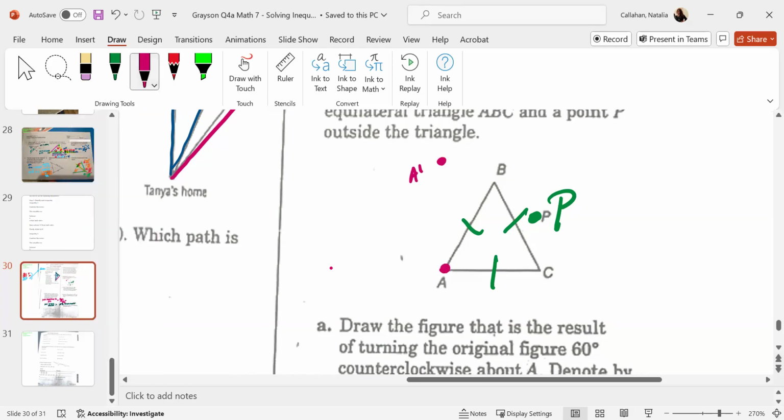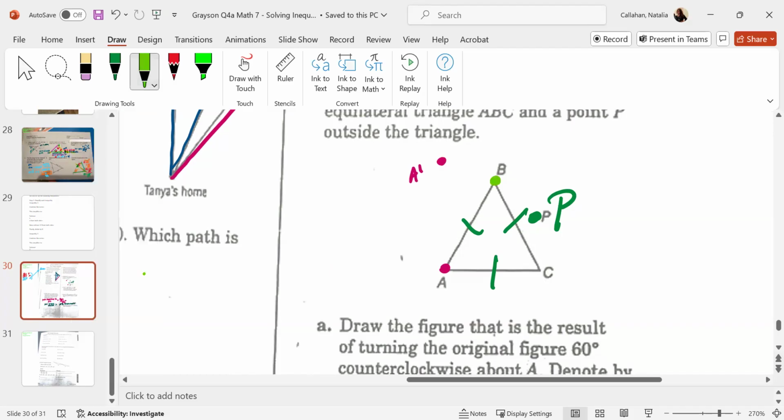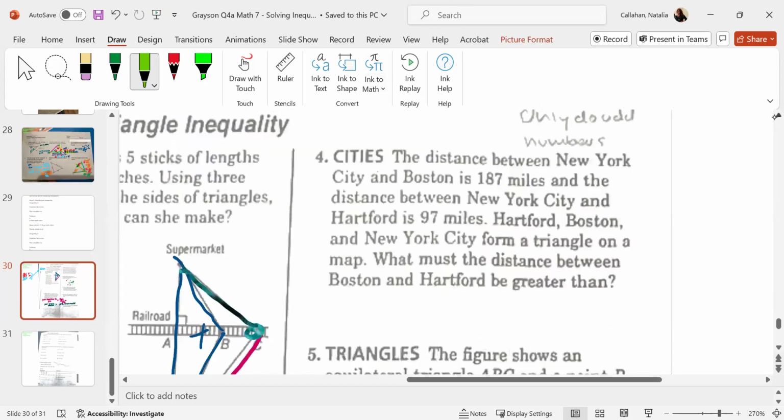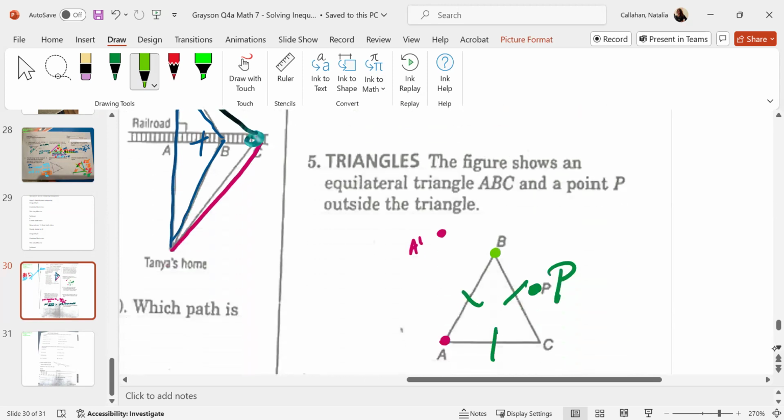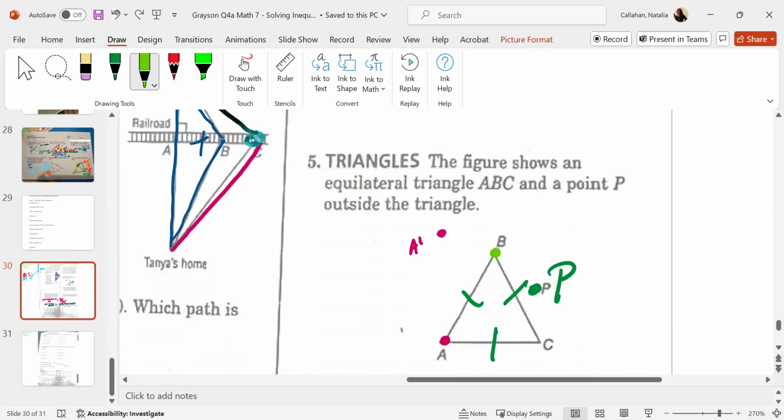I'm just doing A. Then we have point B right here, right? Mm-hmm. Line it up like this. 90 degrees is going to be right there. Do you see that? Mm-hmm. So the distance between the two should be exactly the same. Okay? Mm-hmm.